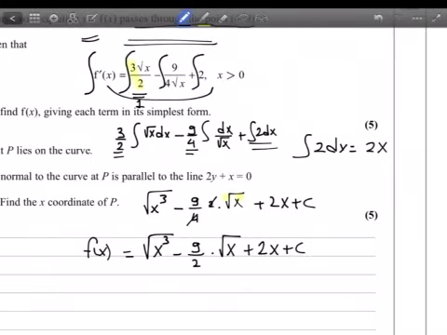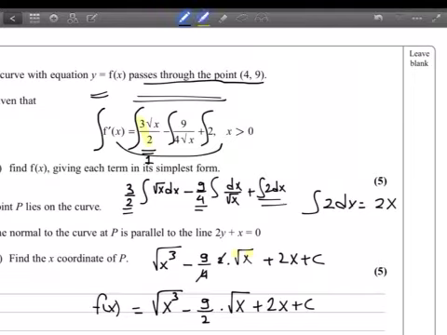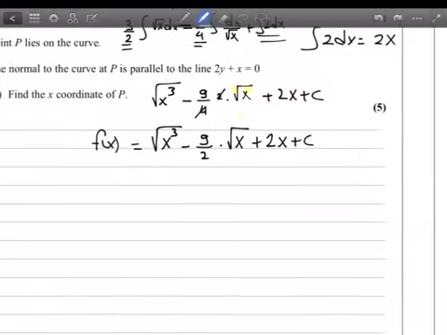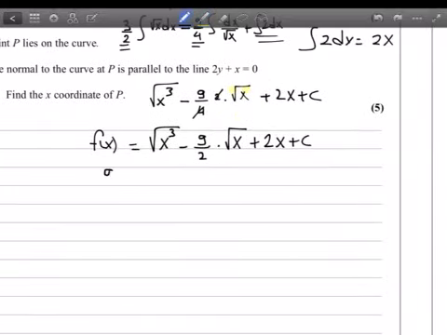f of x. And we have a point here, (4, 9). We just put this point into the function because it is already on the curve. Let's write 9 here and 4 instead of x: 9 equals the square root of 4 cubed minus 9 over 2 times root 4 plus 2 times 4 plus c.